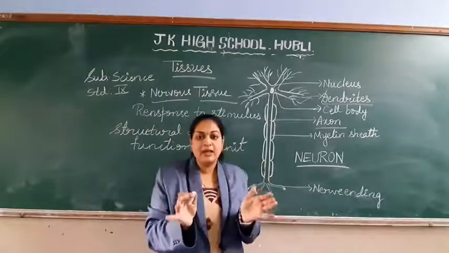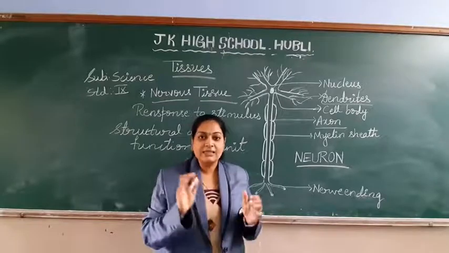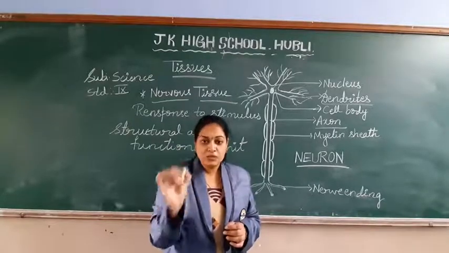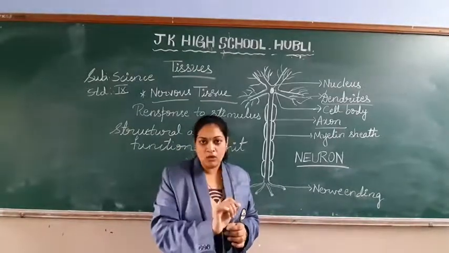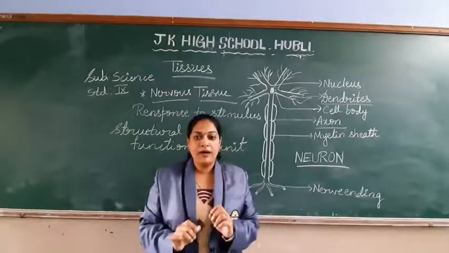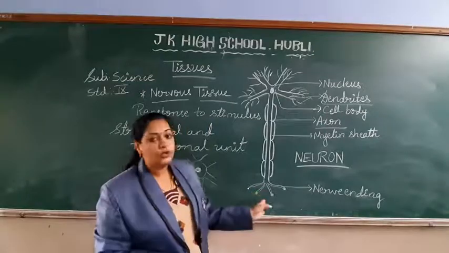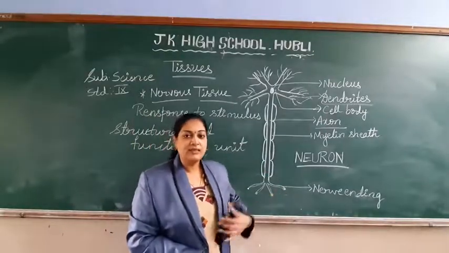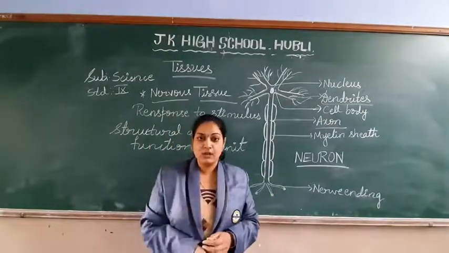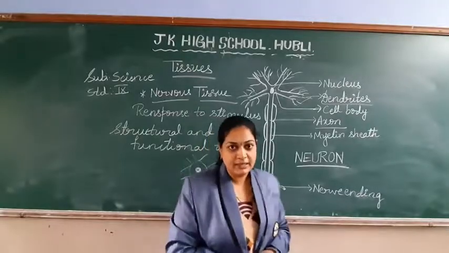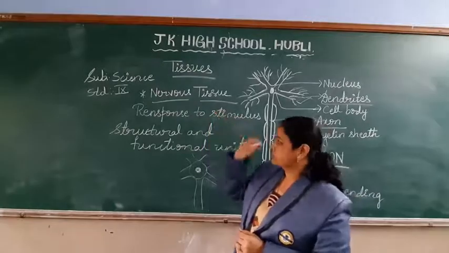For all the activities we have different parts in our brain. Whatever the stimulus is, it will go to that particular part. Right students, like this we are able to give response to the stimulus, which comes under the nervous tissue.